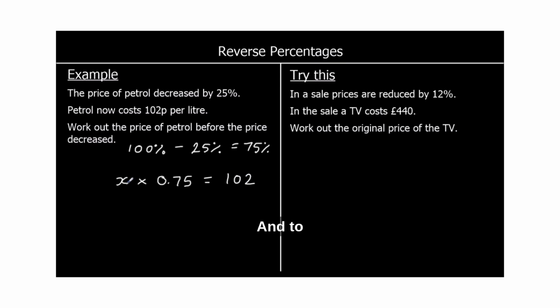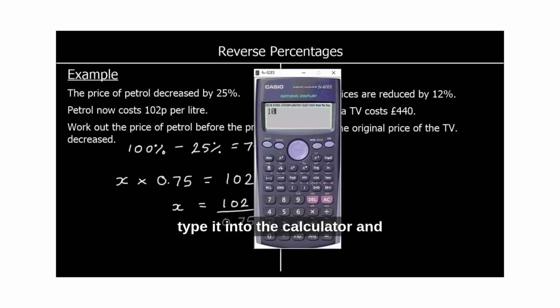And to find the original, I divide both sides by 0.75. So 102 divided by 0.75, type it into the calculator, and we've got 136.